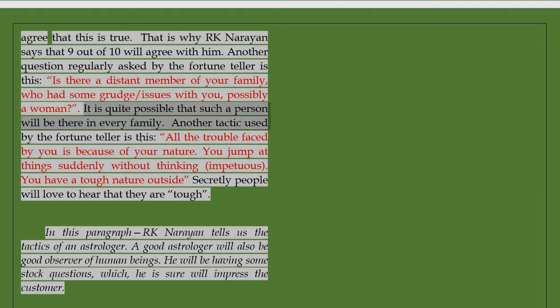Another tactic used by the fortune teller is this: all the trouble faced by you is because of your nature. The fortune teller will tell the customer, all the trouble faced by you is because of your nature. You jump at things suddenly without thinking. The word used by R.K. Narayan is impetuous. Jump at things suddenly without thinking.